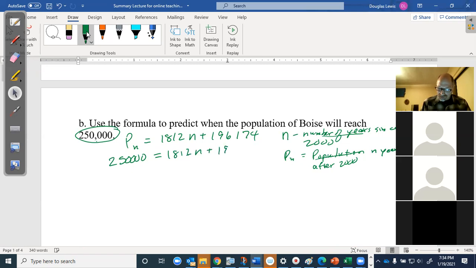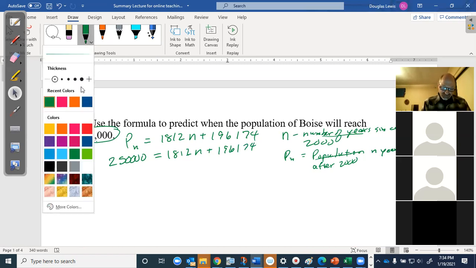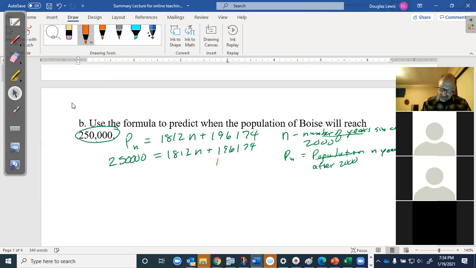And so now what do we do to solve this? Good old algebra 1. We subtract the 196,174 from both sides.